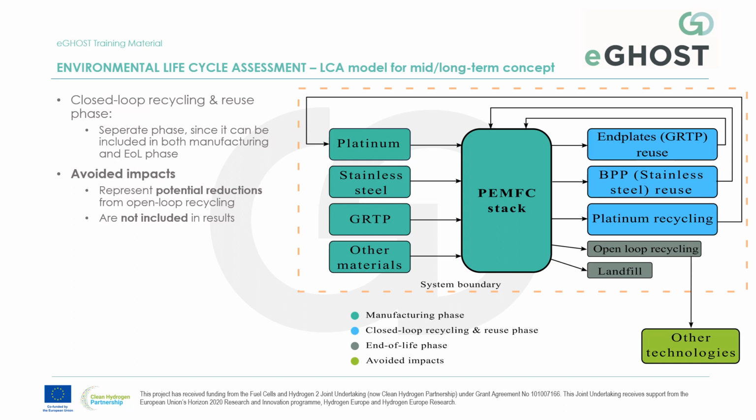So they're not included in the final results, but they are on the graph just to show what is the potential reduction that could also be included in some way into the analysis. So as you will see, this is how the results are structured, so don't get too confused about that.